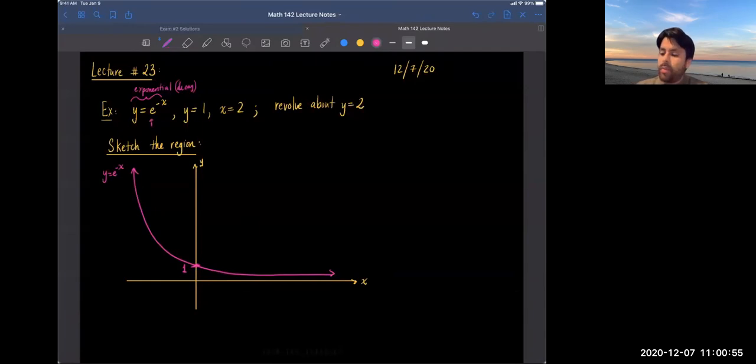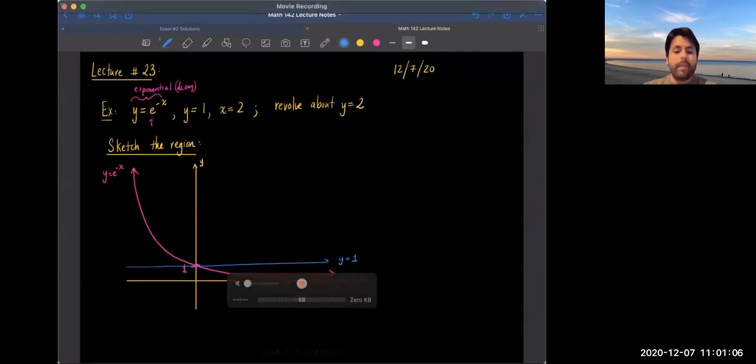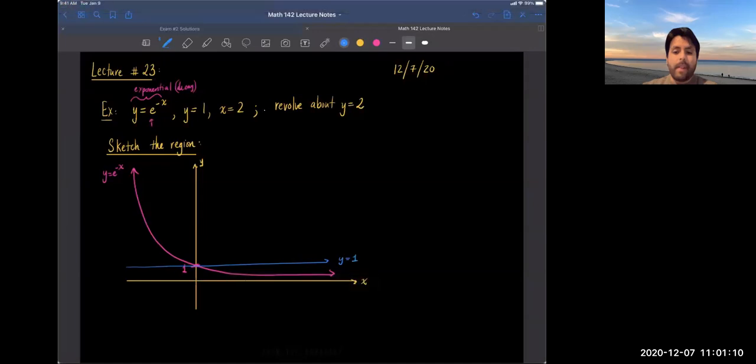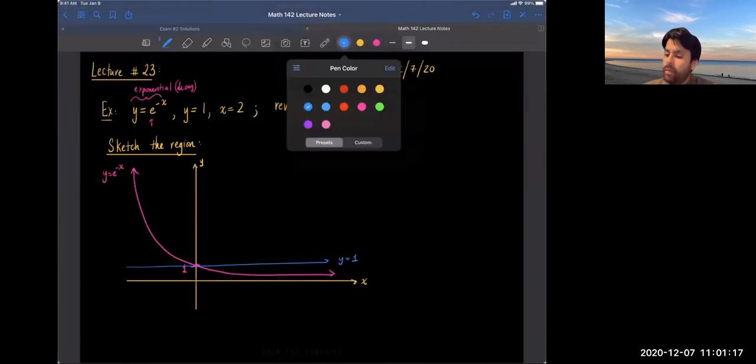The second thing that we want is y equals 1. So y equals 1 is this. That's y equals 1. Okay? And then x equals 2.